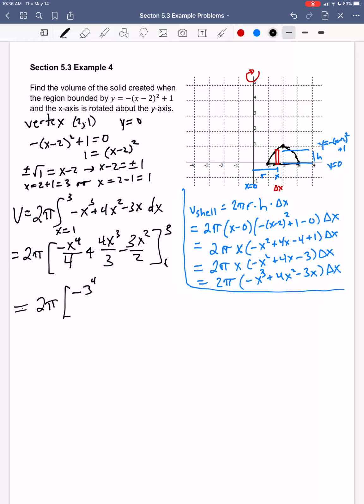Negative 3 to the fourth over 4 plus 4 times 3 to the third over 3 minus 3 times 3 squared over 2 minus, I plug in 1, negative 1 to the fourth over 4 plus 4 times 1 to the third over 3 minus 3 times 1 to the second over 2.